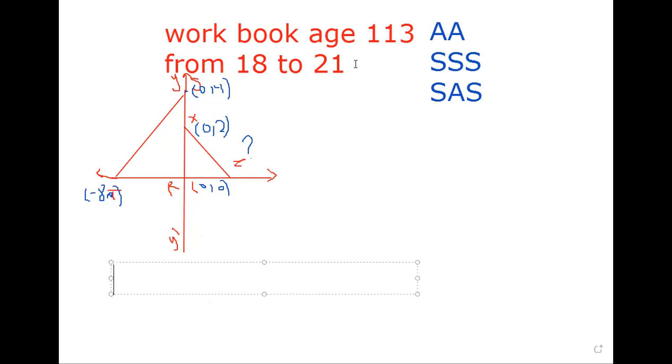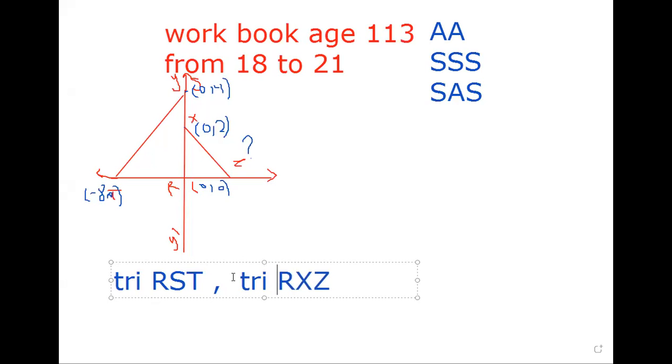The first triangle is R, S, T, and the second triangle is R, X, Z.